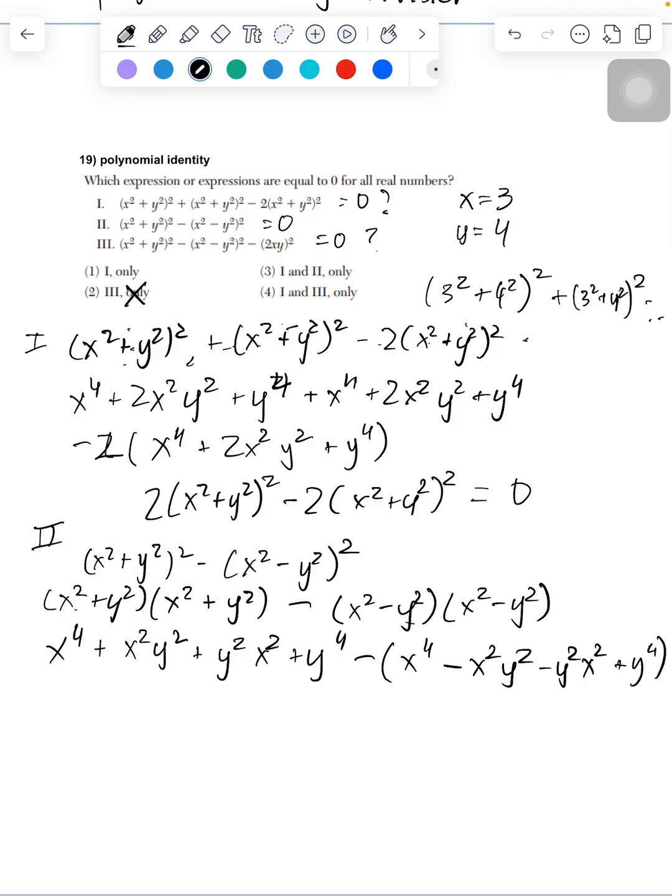All right, so let's work this out. X to the fourth plus 2x squared y squared plus y to the fourth, minus x to the fourth. So I have minus 2x squared y squared here, so these are the same like terms and I can combine. Minus a negative gives positive 2x squared y squared, and minus positive gives minus y to the fourth.